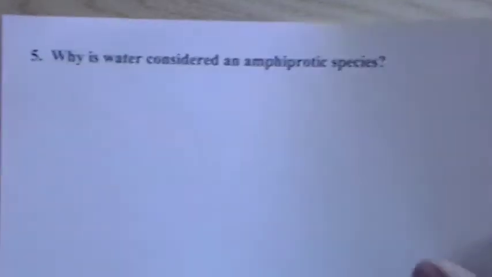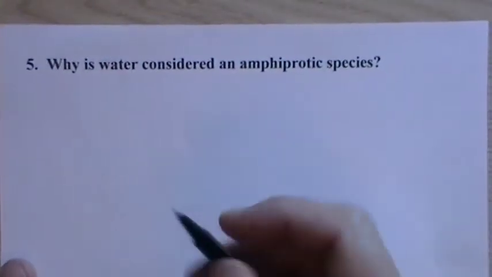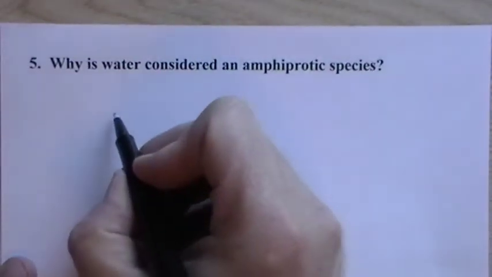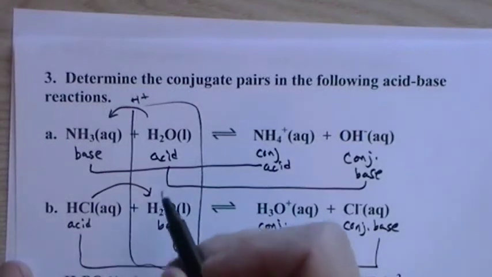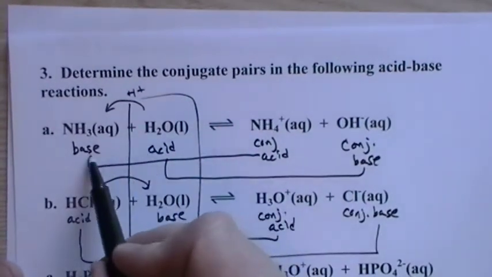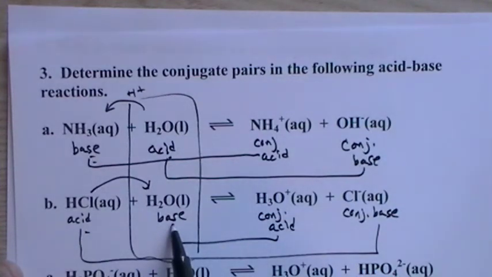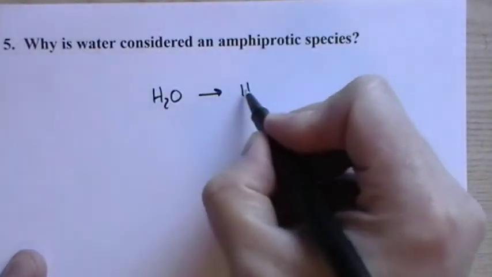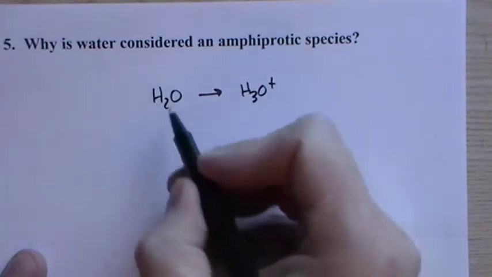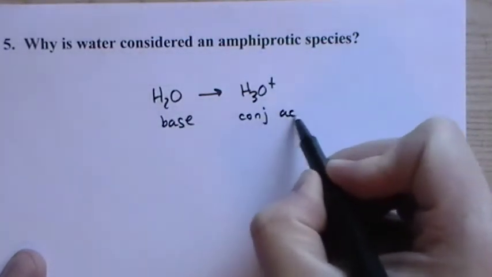Now, why is water considered amphiprotic or amphoteric? It acts as an acid and a base, and we just saw that. Actually, I can put it right here. It's considered that because under the right conditions, it'll act as an acid. Under different conditions, it'll act as a base. So water can change into H3O+ if it's acting as a base, its conjugate acid.